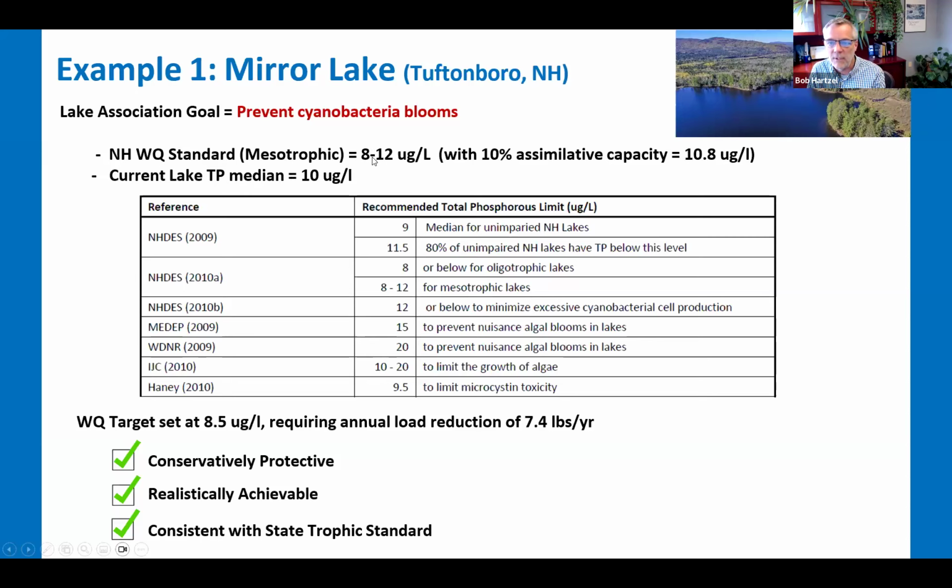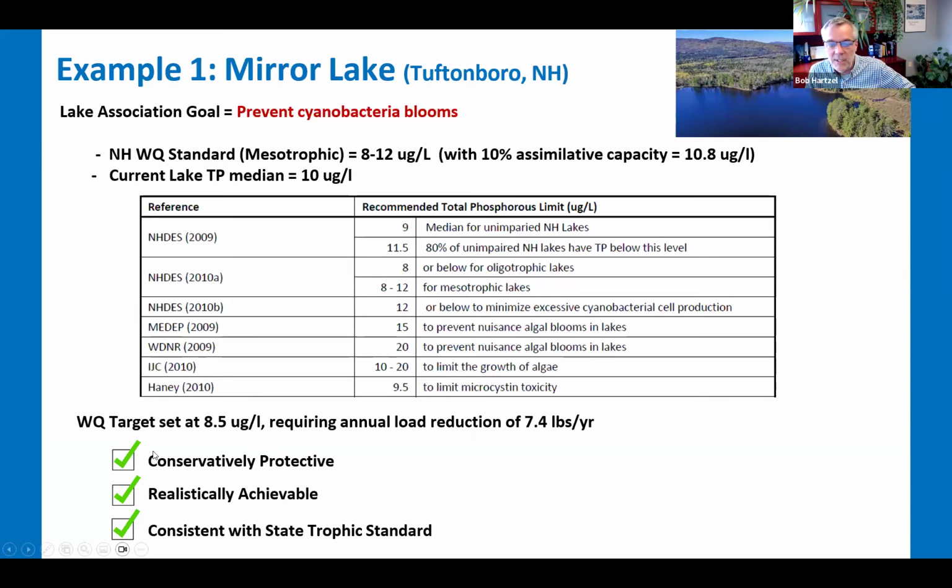The goal that was set was through a group process with the state agency, the Lake Association, and others, town employees. They set a goal of 8.5 micrograms per liter. And in that watershed, that required a pretty modest load reduction of only 7.4 pounds of phosphorus per year.